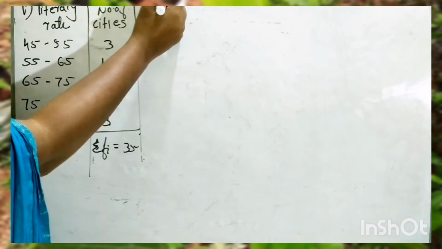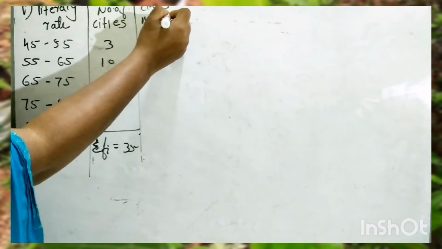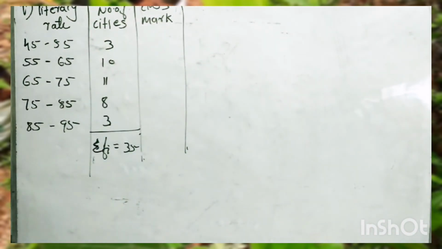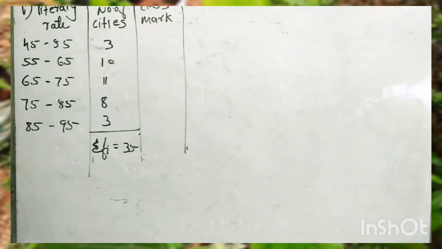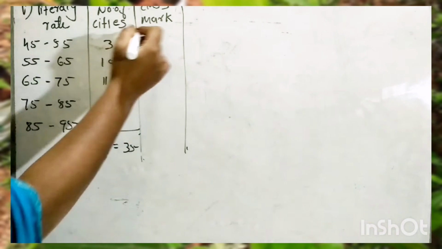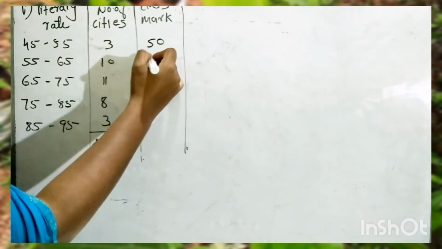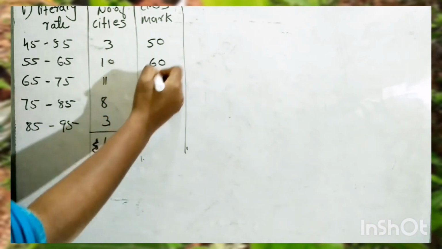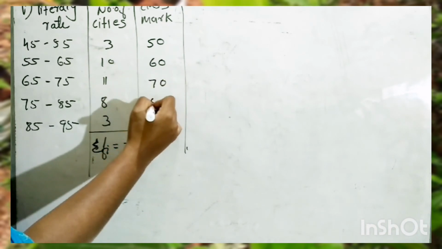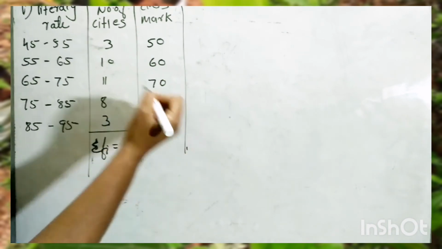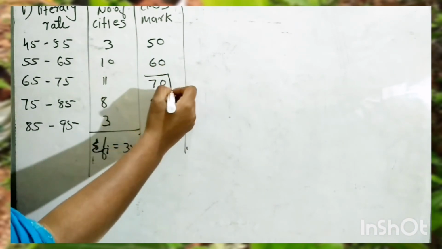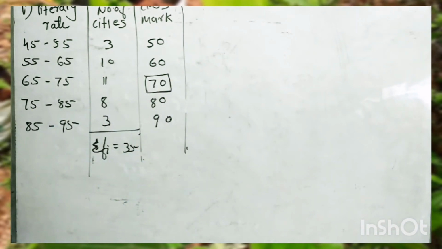Now class mark, that is our xi, lower limit plus upper limit by 2. That we will get as 50, 60, 70, 80, 90. Here I am going to take the value of A as 70.